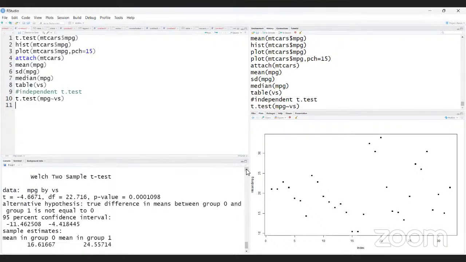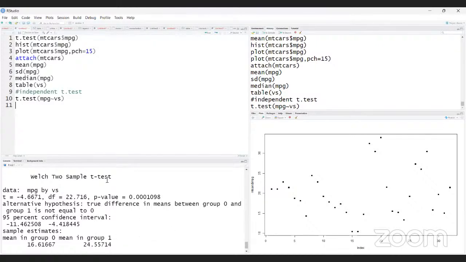If the data has any outlier, it can consider that we have to remove the outlier factor. So that is the advantage of the Welch two-sample t-test. So this is all about the t-test.